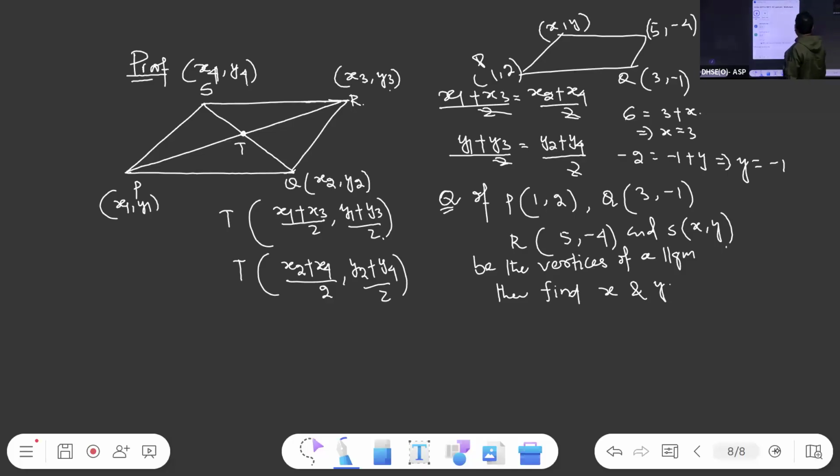Okay, let's move forward. Write down: centroid of triangle.